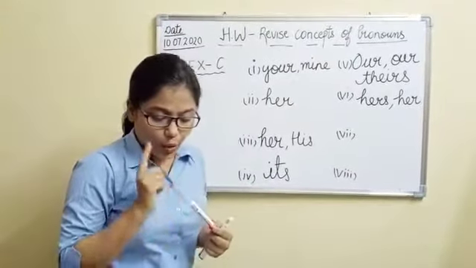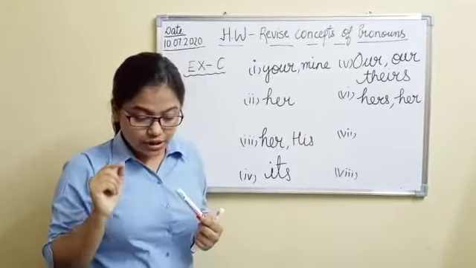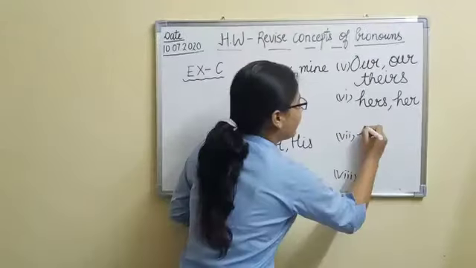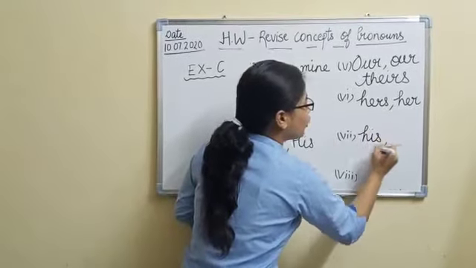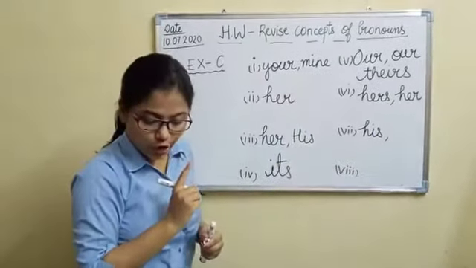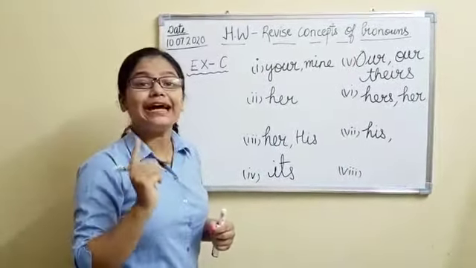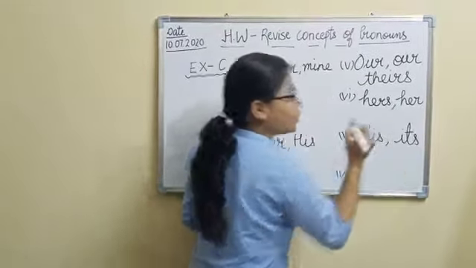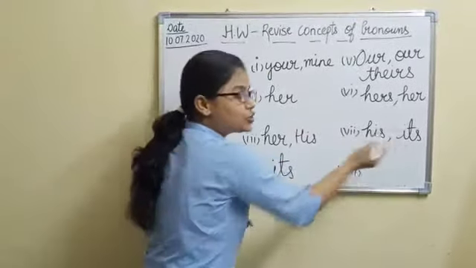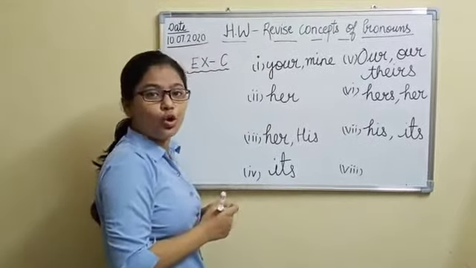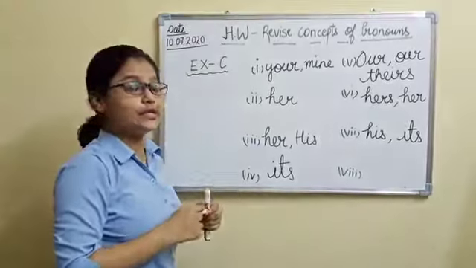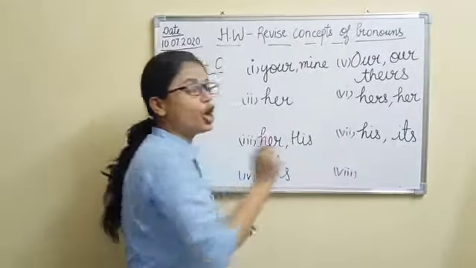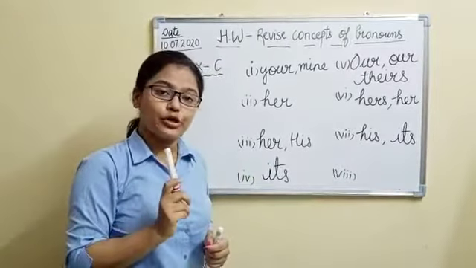I will say: when the prince touched the rock with his foot, it changed its color. So students, should I use an apostrophe here? No. When we make use of possessive pronouns, we are not going to make use of an apostrophe.